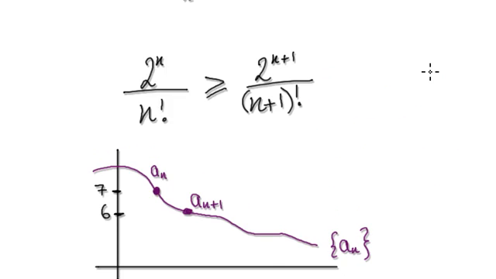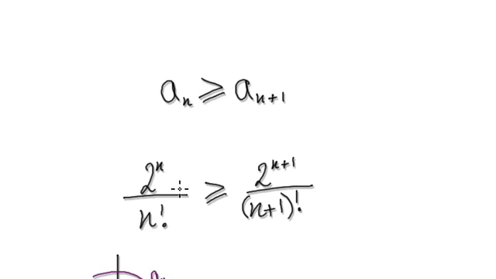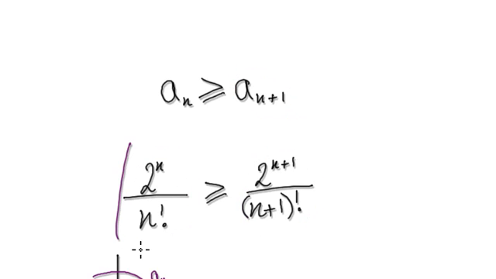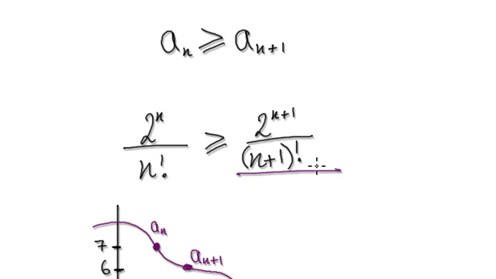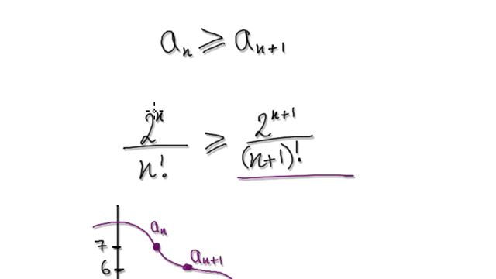So to show that this is decreasing, we get the next term divided by the current term. From here we are going to divide both sides by this exact same thing, so 2^n.